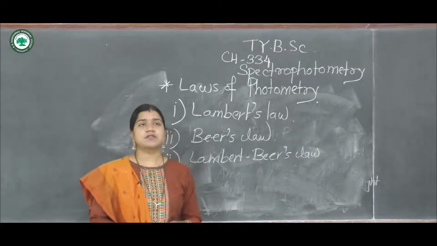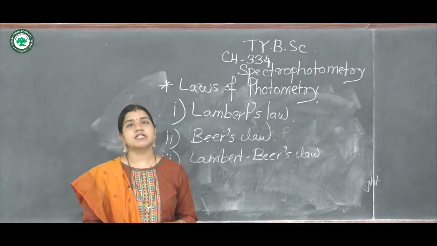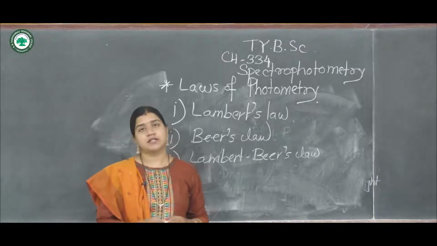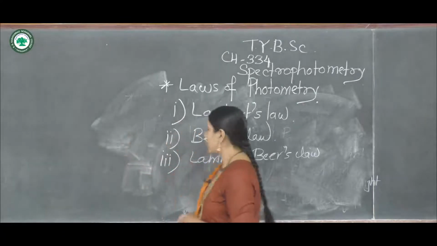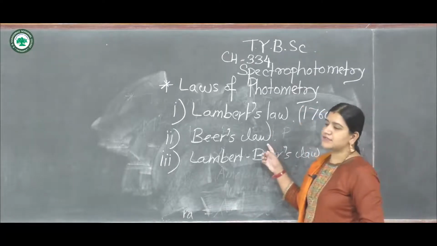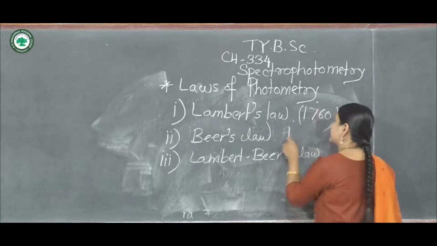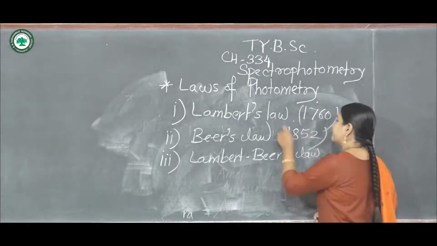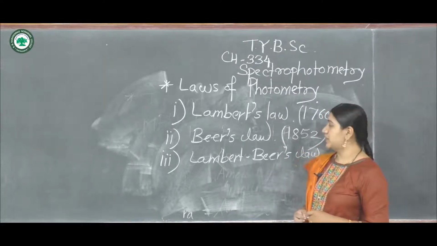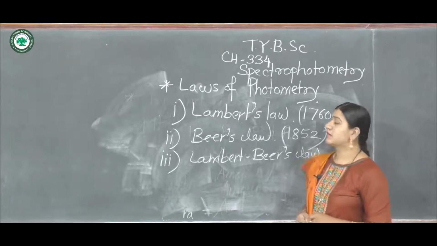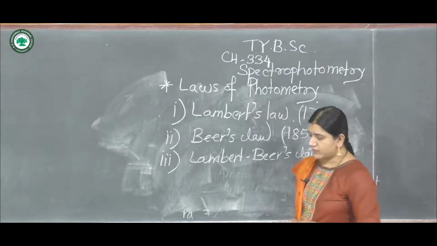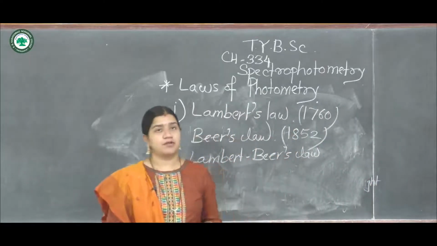It states the relationship between the radiant power of the absorbed light and the thickness of the medium. Beer's law was invented in the year 1852. After the discovery of both Lambert's law and Beer's law, the combined statement was put forth in the Lambert-Beer's law. So first we will begin our discussion with Lambert's law.